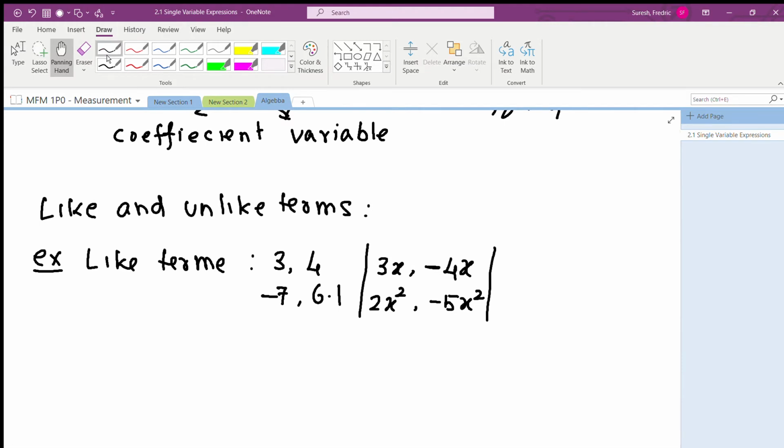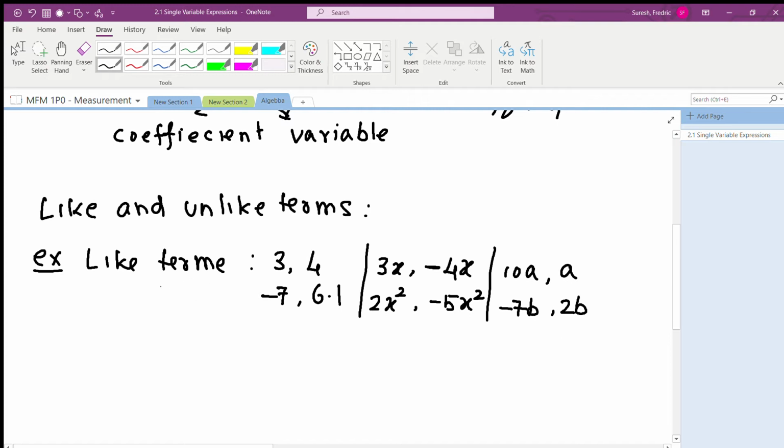One more example: 10a and 1a are like terms because both have a in them. And one more example would be negative 7b and 2b. They are like terms because both have b's in them. You guys get the idea?